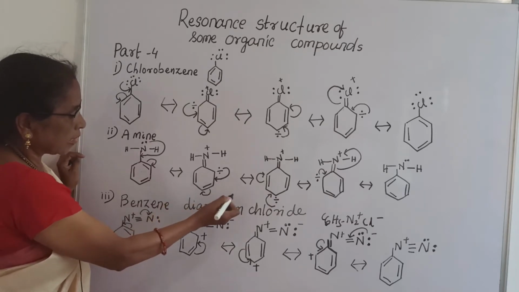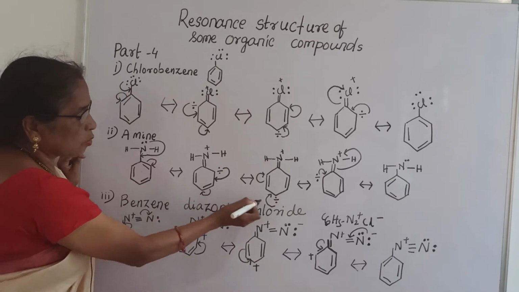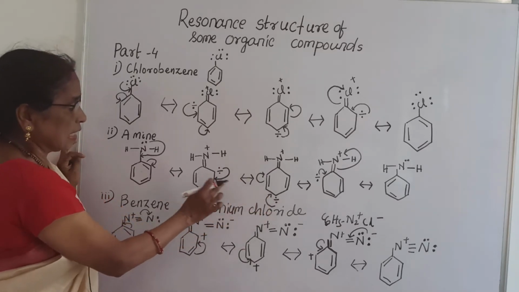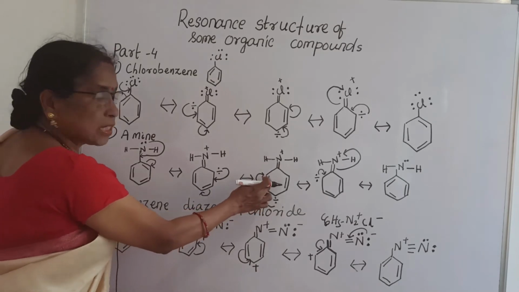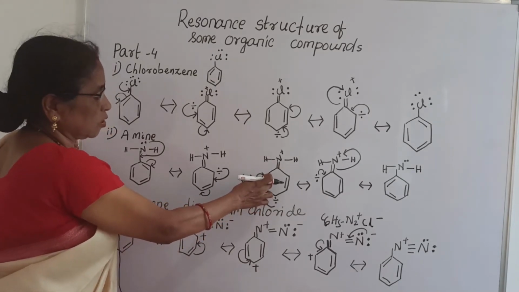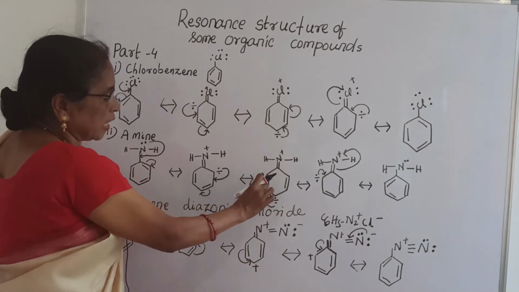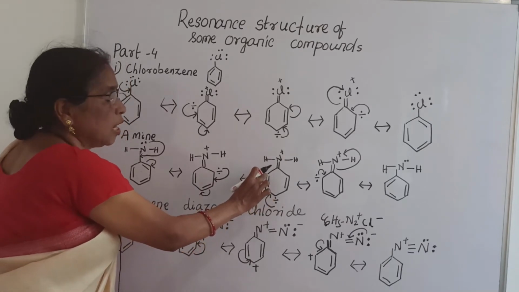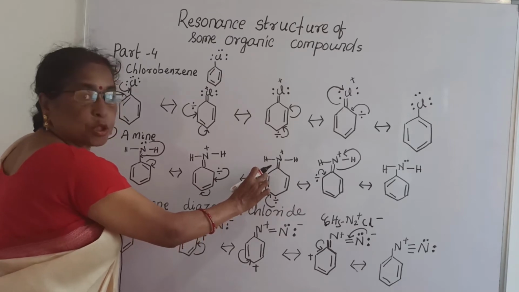Now you can find after that what happened, here it occupies a negative sign having two electrons, and automatically what happened to these pi electrons where the pi bond is formed, here the pair of electrons moves to this carbon, that is also the ortho position carbon.